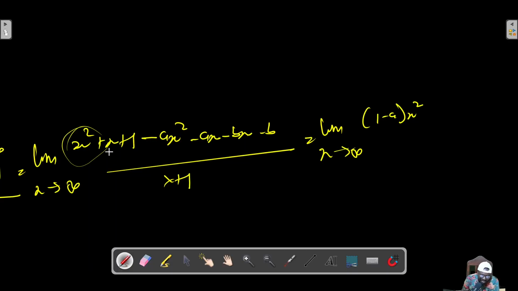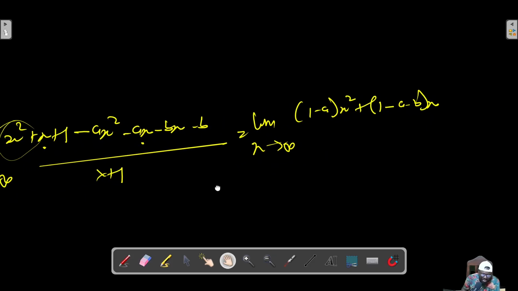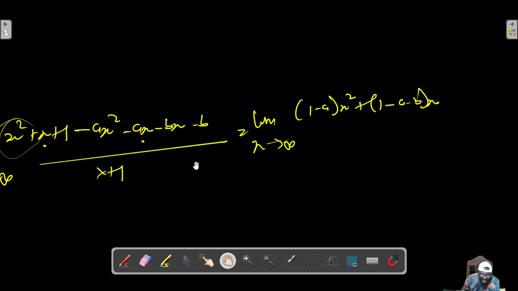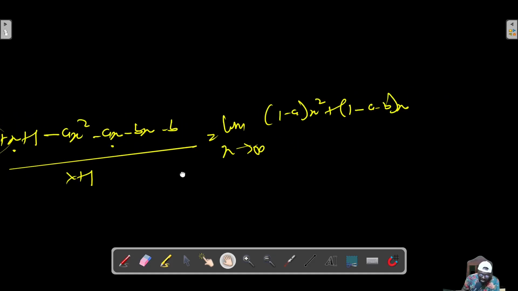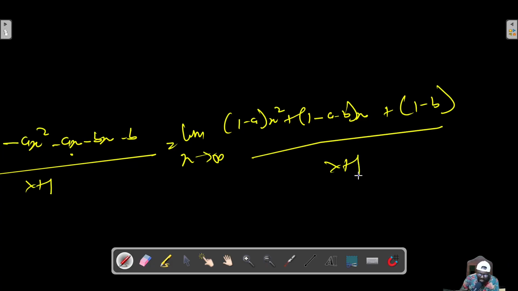Now for the x terms, I have x here, another negative x here, negative bx here. Then I can say 1 minus a minus b times x. The constant terms, what do I have? For the constant, I have 1 and negative b, all divided by x plus 1.